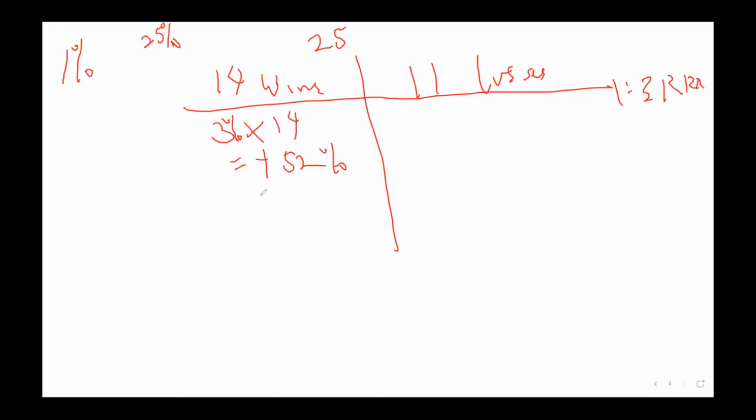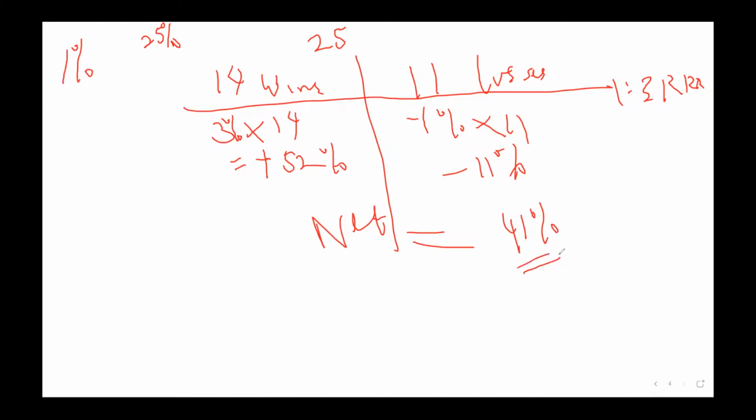Positives. What about the negatives? Minus 1 for every loss times 11. That's minus 11%. So net will be what? 31. Marvelous. This is very, very marvelous.